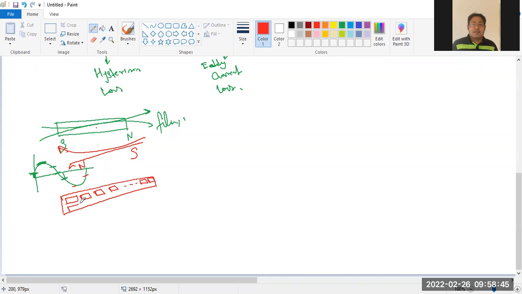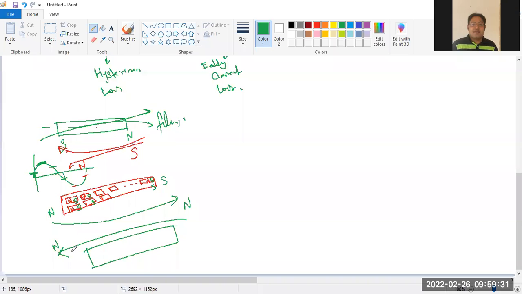So ultimately this side becomes S and this is N. Now it changes each half cycle: whenever the flux is in this direction, this is N, and whenever the flux is in the other direction, this part becomes N. So this will change in this portion.